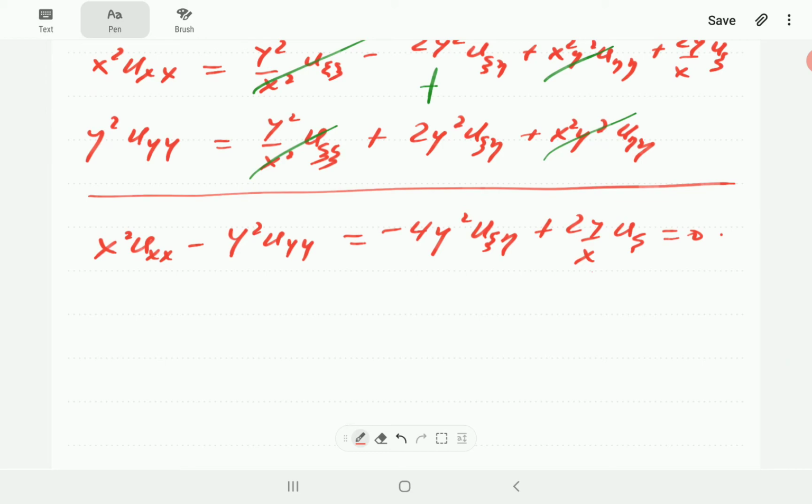So if we divide through by -2, this is going to be 2y squared u xi eta plus y over x u xi is equal to 0.